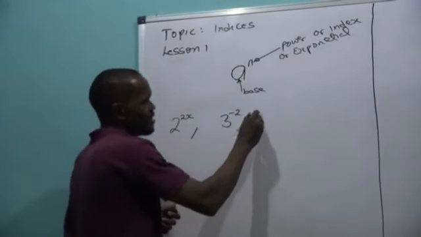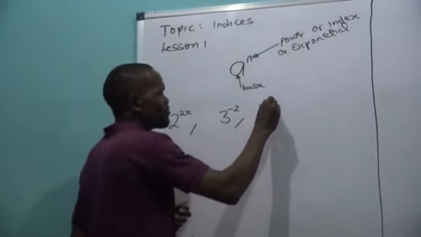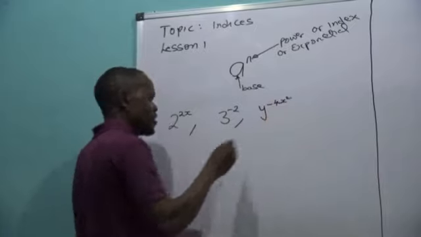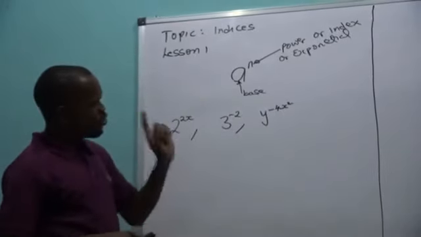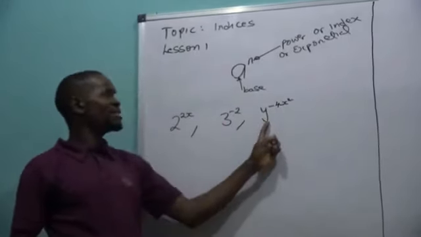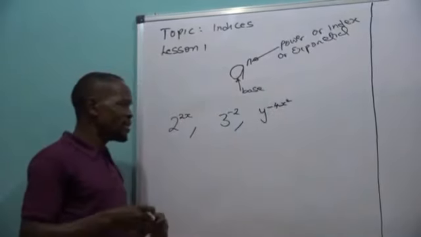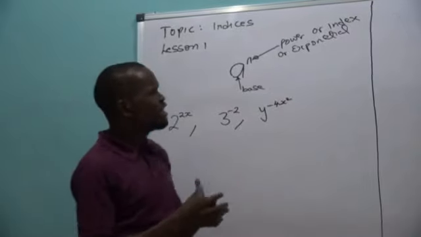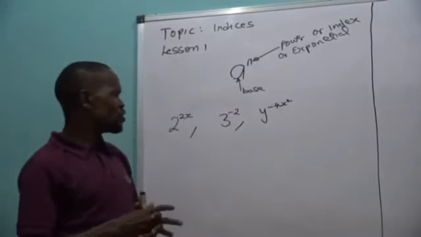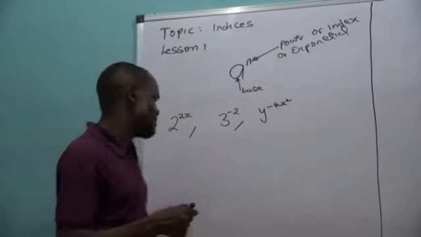I can write this again: y raised to power -4x squared. That does not concern me. What concerns me is that I know y as the base, and -4x squared as the power.